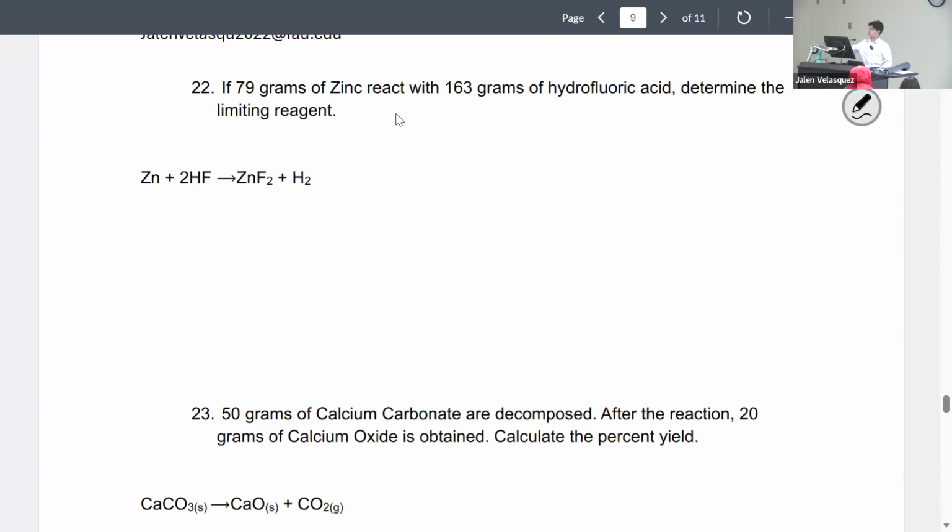It should be zinc. Remember that the limiting reactant is the reactant that runs out first, so it's going to limit how much product you can make. What we have to do is go from the mass of each of these reactants to the mass of a product.